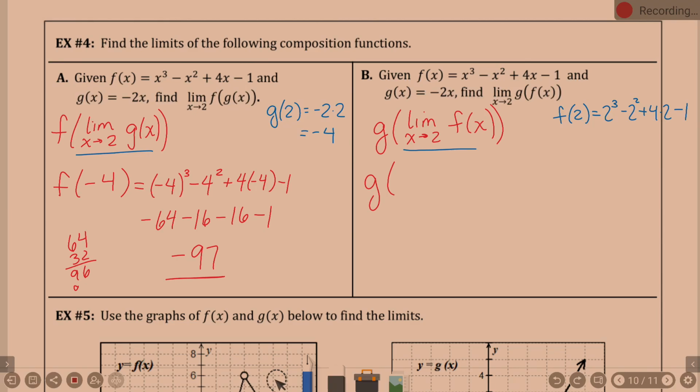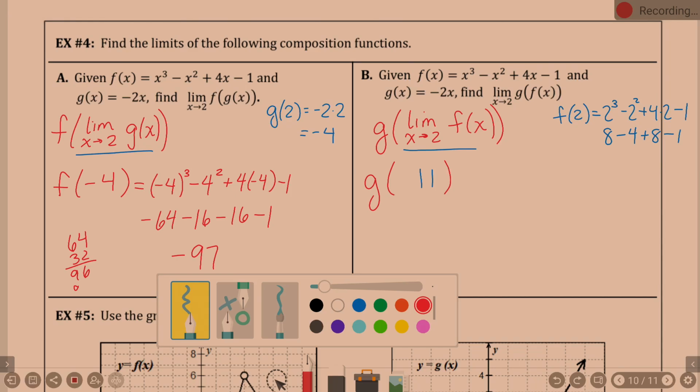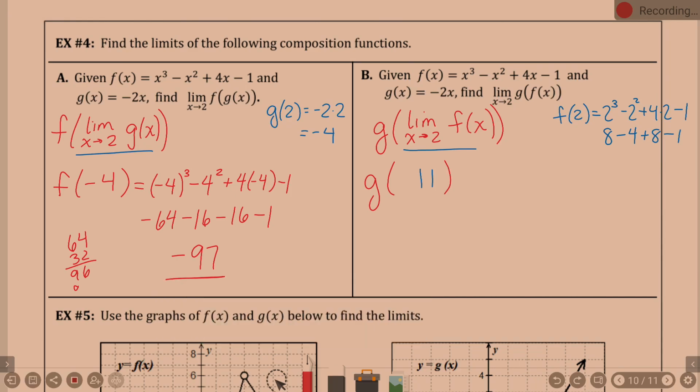They're continuous if it's just a bunch of polynomials, or monomials, added and subtracted together. Negative 22. Yep. So g of 11 is negative 2 times 11, and as you said, negative 22.